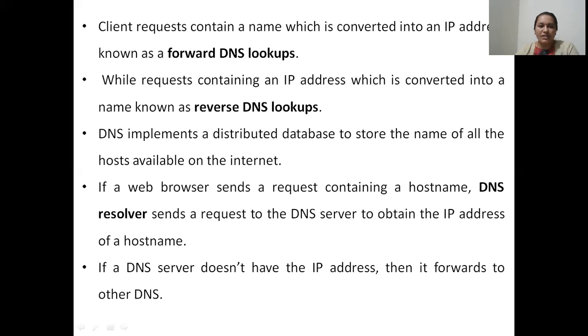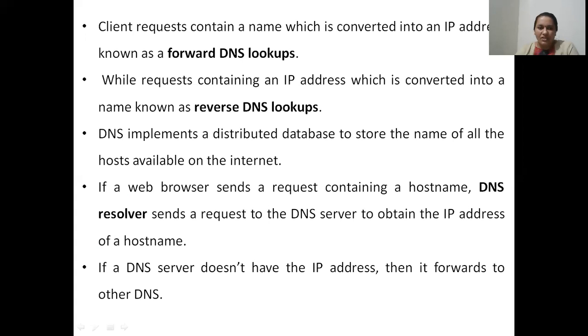This will be converted into domain name and sent back by the DNS server. The DNS implements this lookup function by using a distributed database in which it stores the names of all the hosts available on the internet and their equivalent IP addresses.